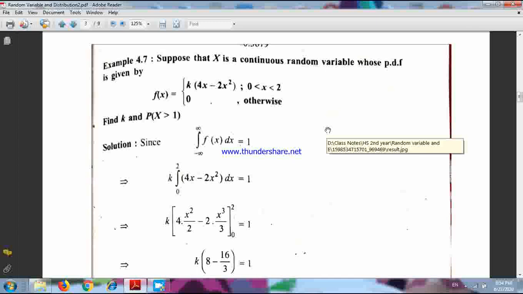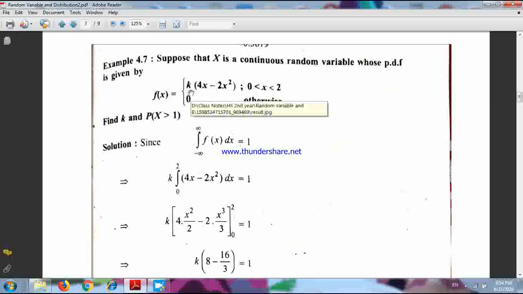Even if you are not asked to find the value of the unknown constant, before proceeding with the problem, the first step is to find the value of the unknown constant. So as one unknown constant is there, we need to find its value.